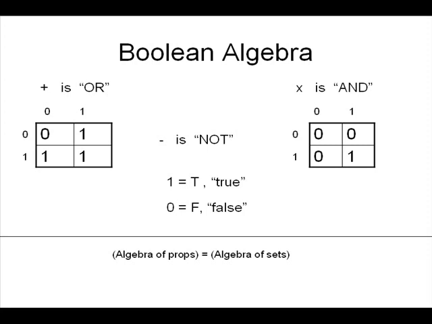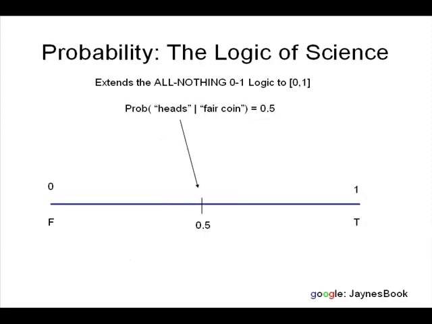So probability is what we call the logic of science, because the Boolean algebra of propositions just deals with complete truth or complete falsehood, and we know in life nothing is like that. Everything is right in between, is gray. We make an experiment, we have a hypothesis, the experiment doesn't completely prove it.